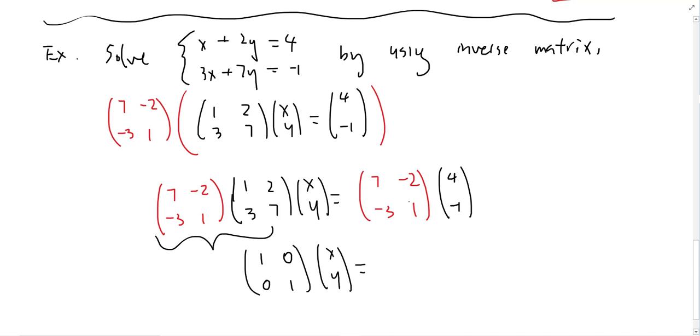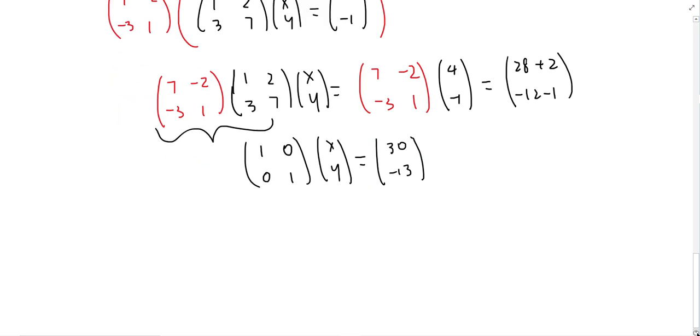And now I can multiply these two matrices together, so that comes out to be 28 plus 2, and also negative 12 minus 1. So that comes out to be 30, negative 13. And what happens when you multiply 1, 0, 0, 1 by x, y?